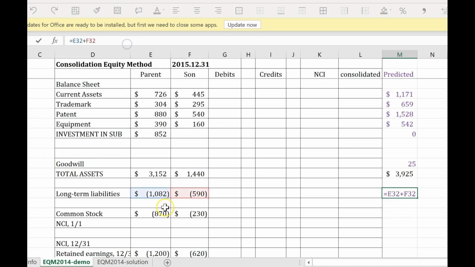Notice that they're on the credit side, so they're all negative numbers. If you want to subtract something from the negative numbers, you need to add to it. So I'm adding 30.